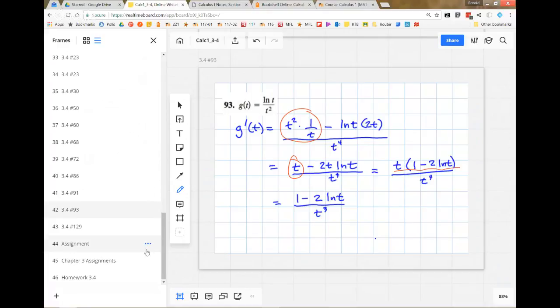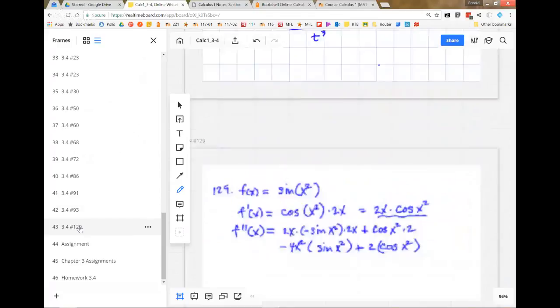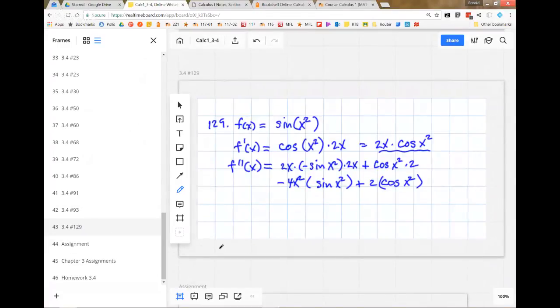All right, let's look at the last. I have one more example for you. Let's take a look at number 129. I think we did that one already. But anyway, number 129 asks you to find the first and the second derivative.